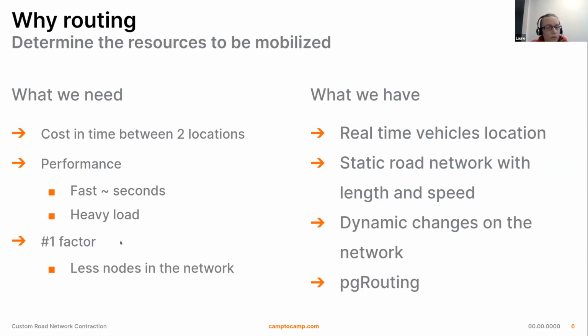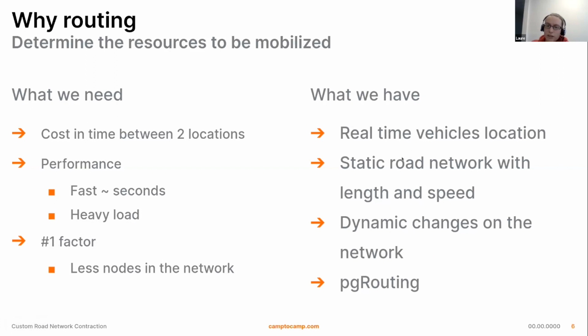And what we learned from the projects and from the community is that the number one factor to improve performance is to reduce the number of nodes in the road networks that we are dealing with. And what do we have to compute this time? We have real-time vehicle locations.